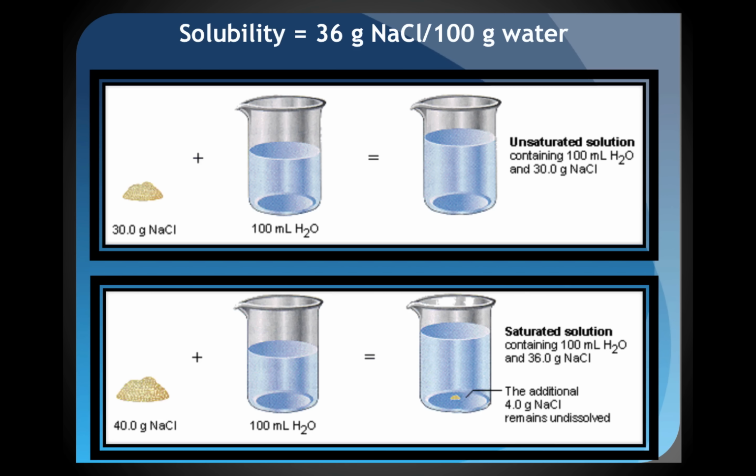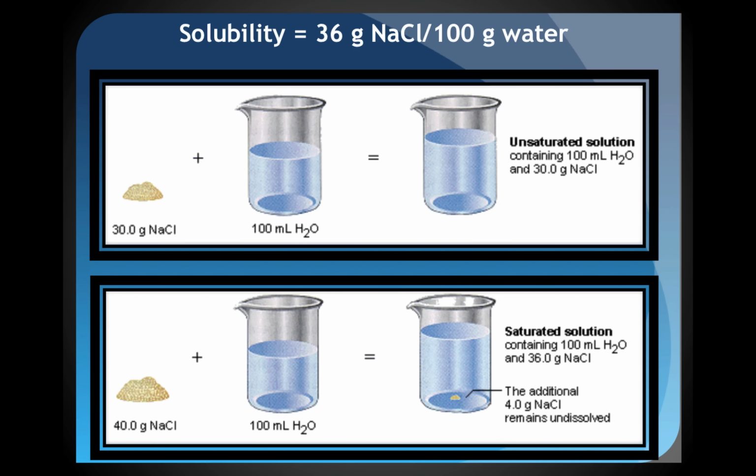In this example, I'm going to add 40 grams of salt to the water. Remember, the solubility of salt is 36 grams in 100 grams of water. How much of those 40 grams then can dissolve in the water? Since the solubility is only 36 grams in 100 grams of water, only 36 grams of that solute is going to dissolve in that water.